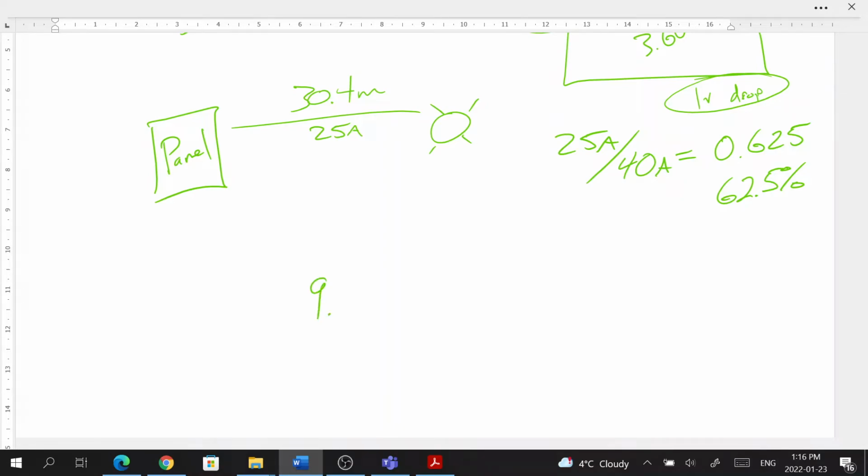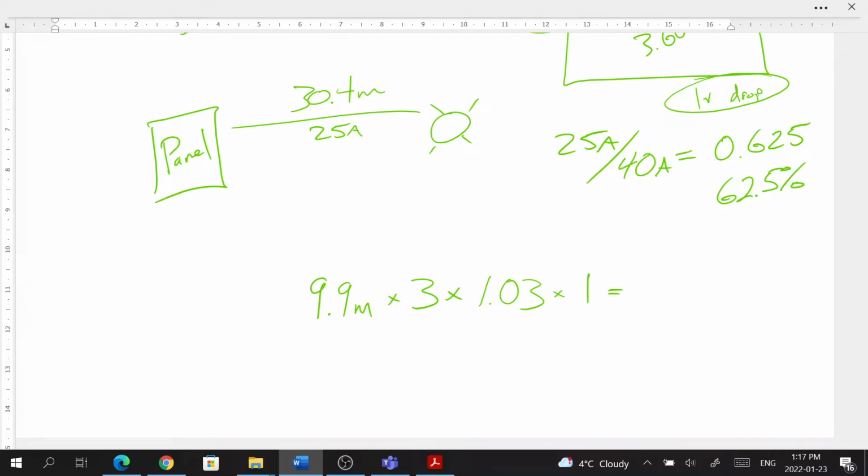Number 8 at 25 amps is good for 9.9 meters at a 1% drop, multiplied by 3 because we're allowed 3% drop, multiplied by our multiplier because we only have 25 amps in a number 8 that's rated for 40 amps, and multiplied by 120 over 120, which is 1.